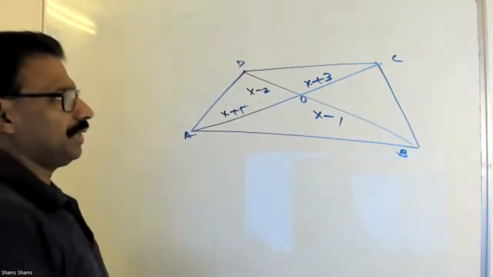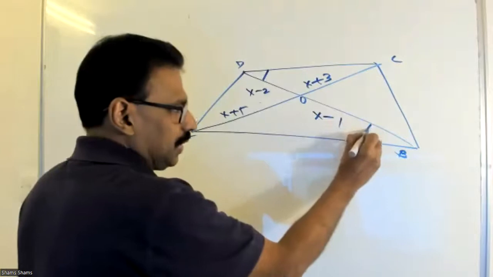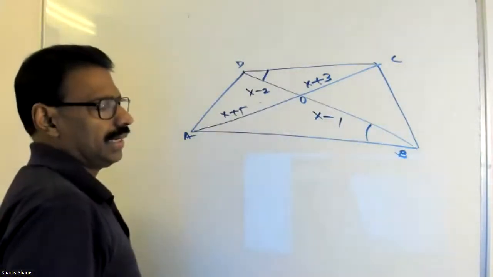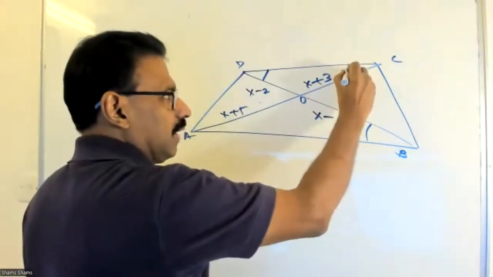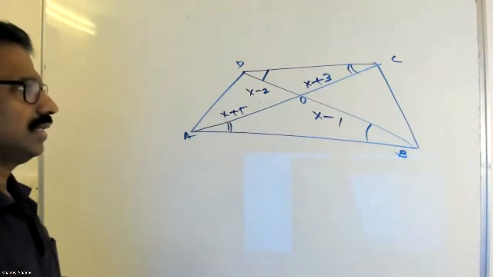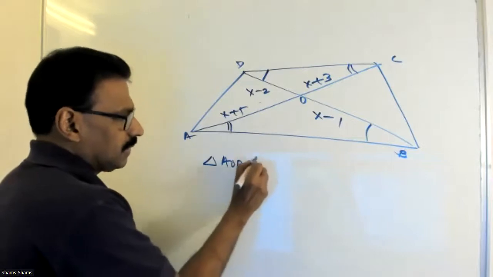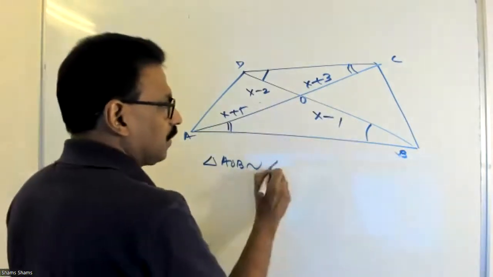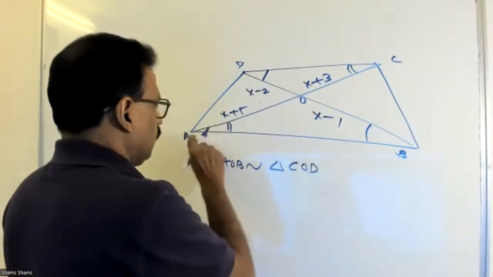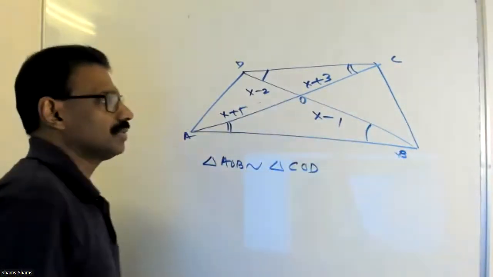DC parallel to AB, so this angle equal. Alternate angles. This angle and this angle are equal alternate angles. So we can say triangle AOB is similar to triangle COD.